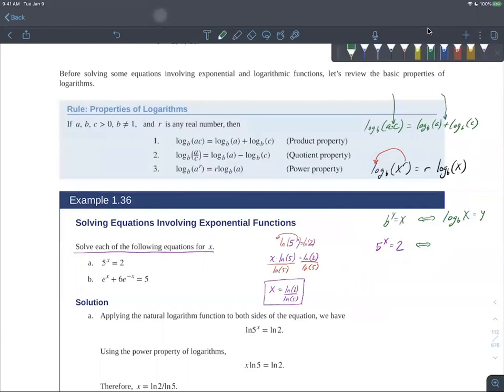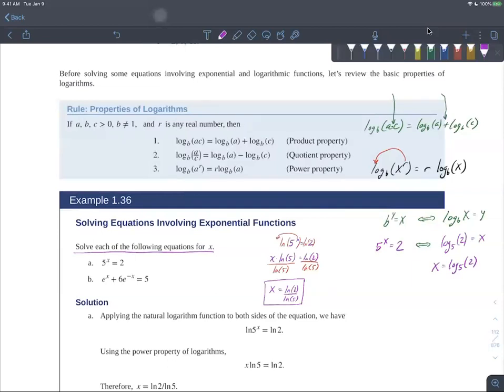So if we use that, this is equivalent to log base 5, the base of the logarithm being the base of the exponential, of whatever's on the opposite side of the equal sign, which is 2, which is equal to x. And we're done. It only took one step. I'm just going to rewrite this so I can write x on the left-hand side, because that's what I prefer, but you don't actually need this step.